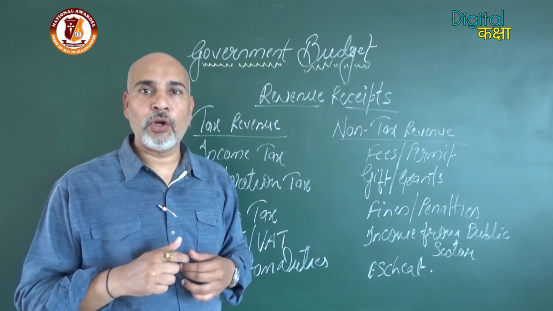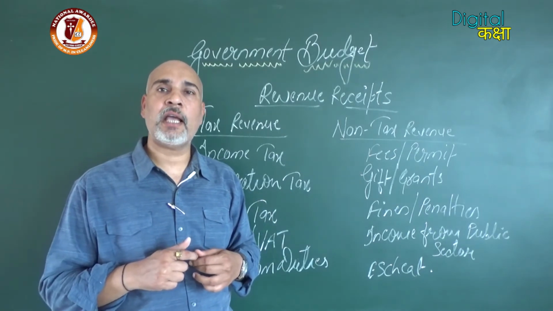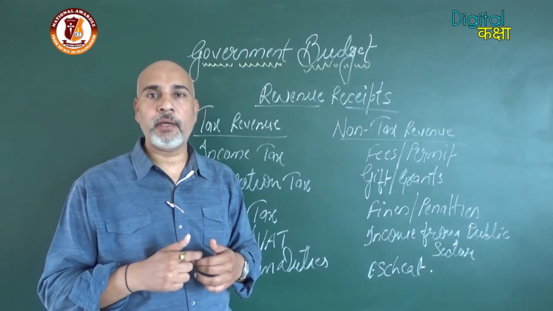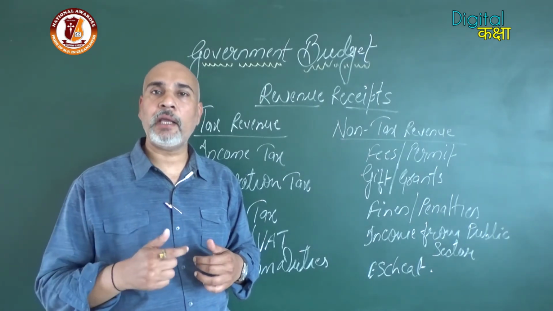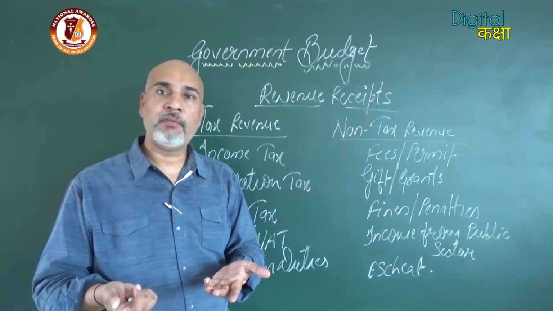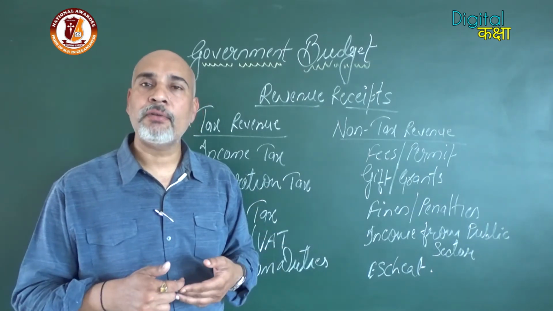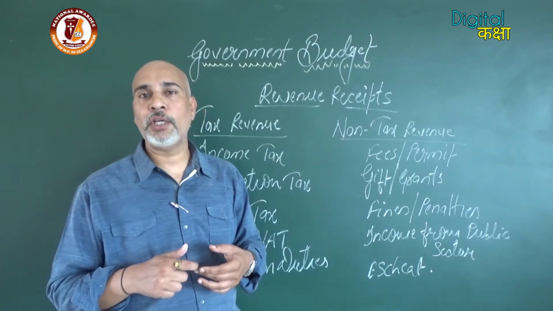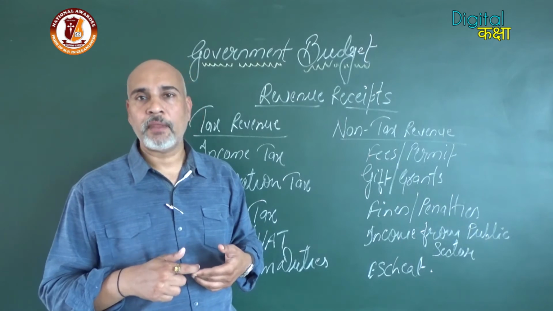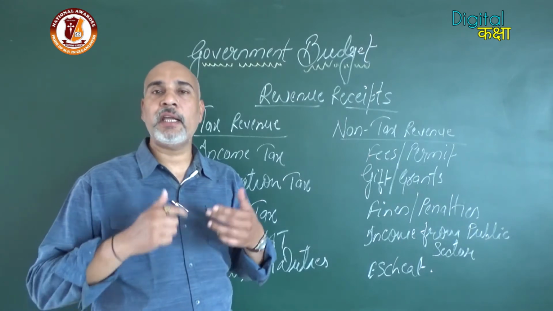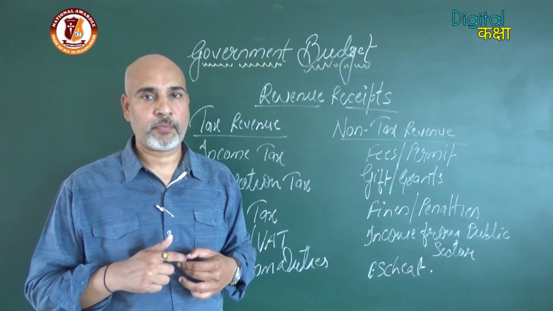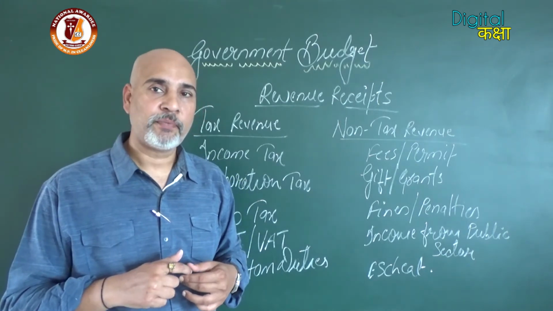It is assumed by the government that the person who has more income, earning more profit, can pay more. So those who are earning less, some people are even exempted. Who are earning less, there is no need to pay tax, or a very small amount has to be paid. Otherwise, those who earn more, with the increase in income, the tax liability will increase. Okay, that is called progressive tax.